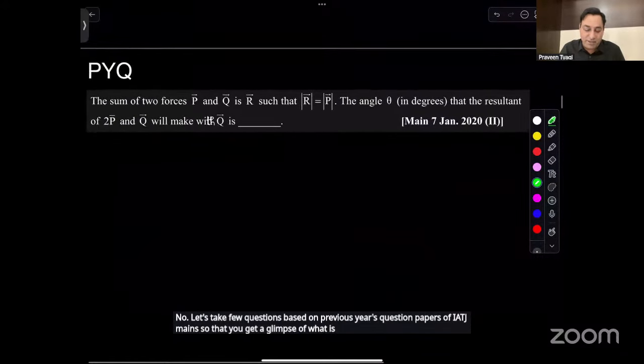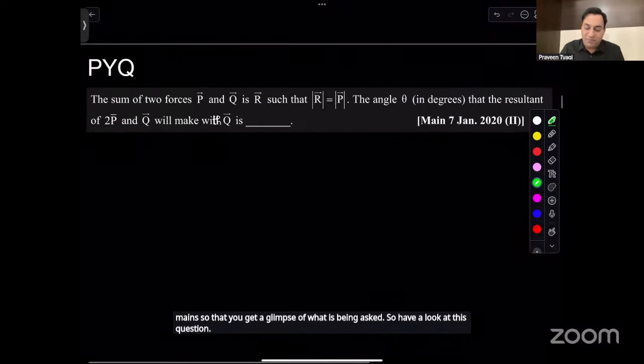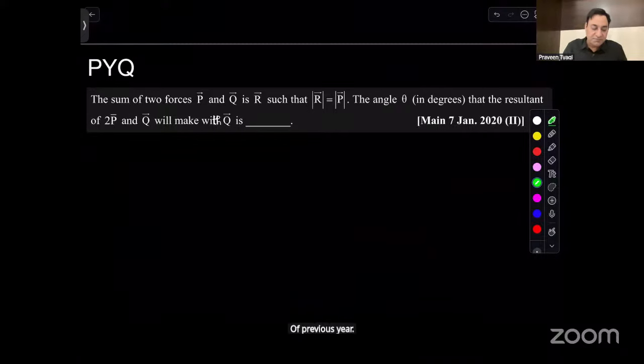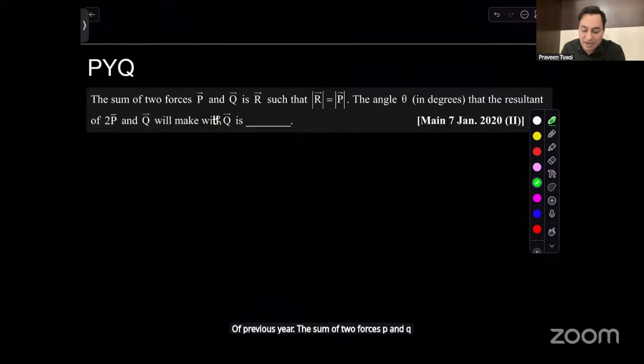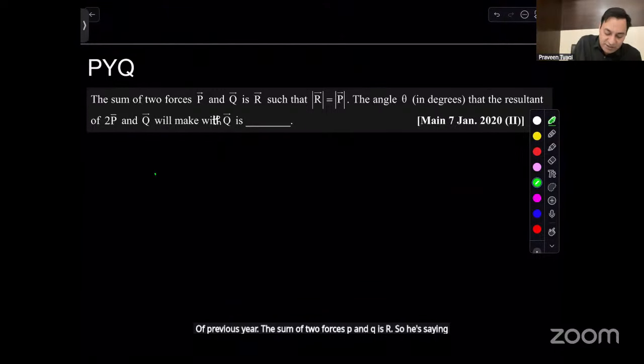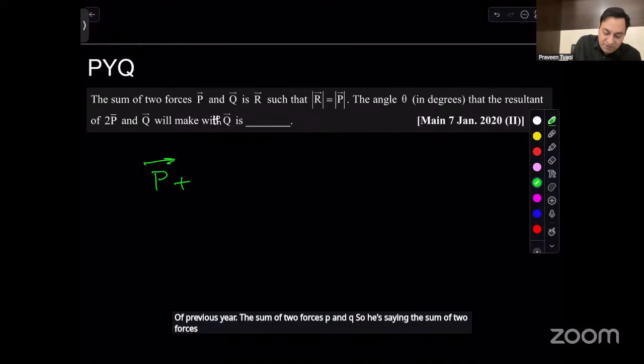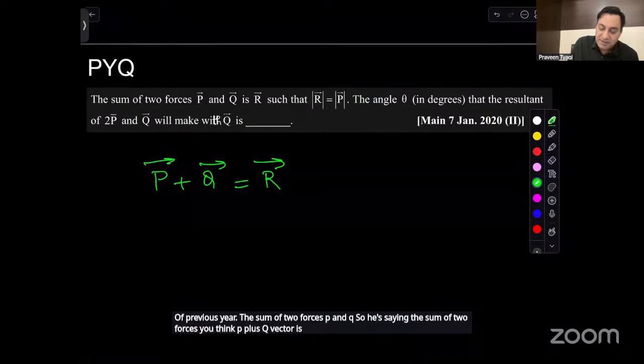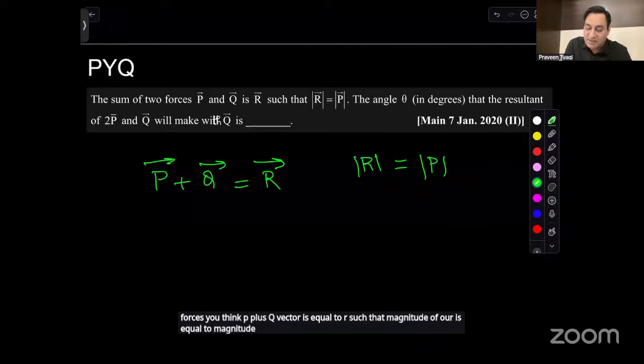So have a look at this question of previous year. The sum of two forces P and Q is R. He's saying P plus Q vector is equal to R, such that the magnitude of R is equal to the magnitude of P. This is given.